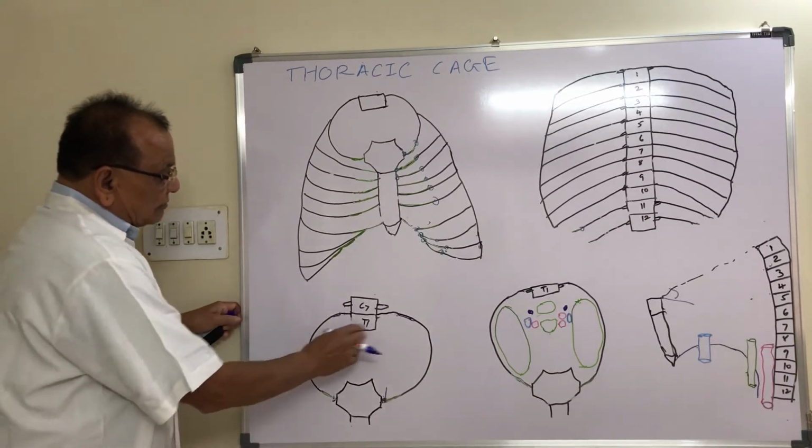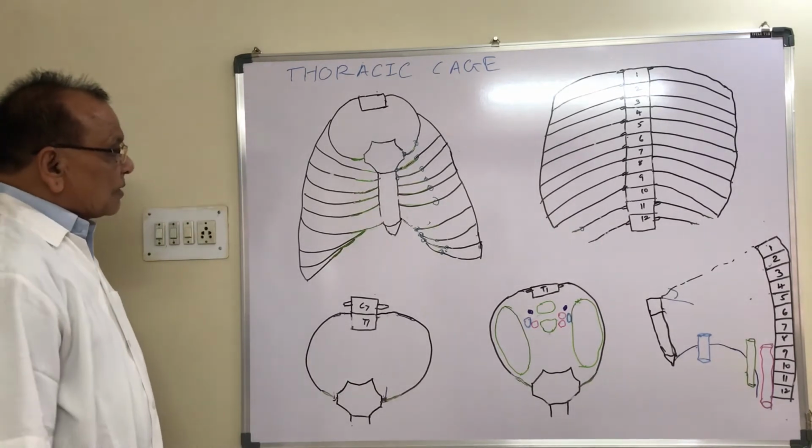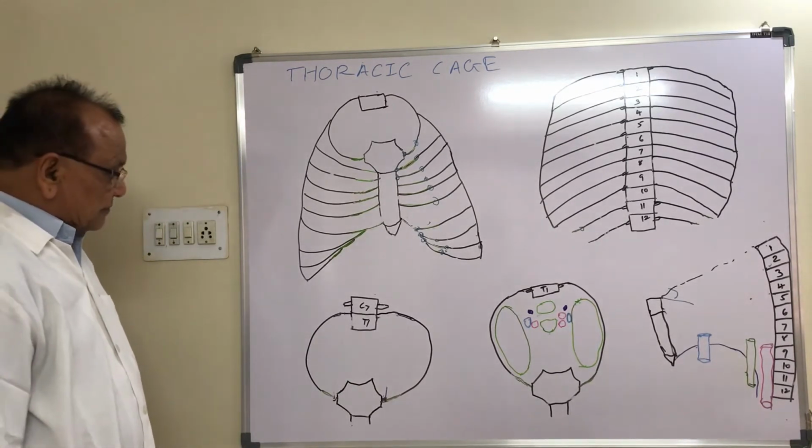Now here the inlet is partly closed by the suprapleural membrane, and the suprapleural membrane is triangular in shape.